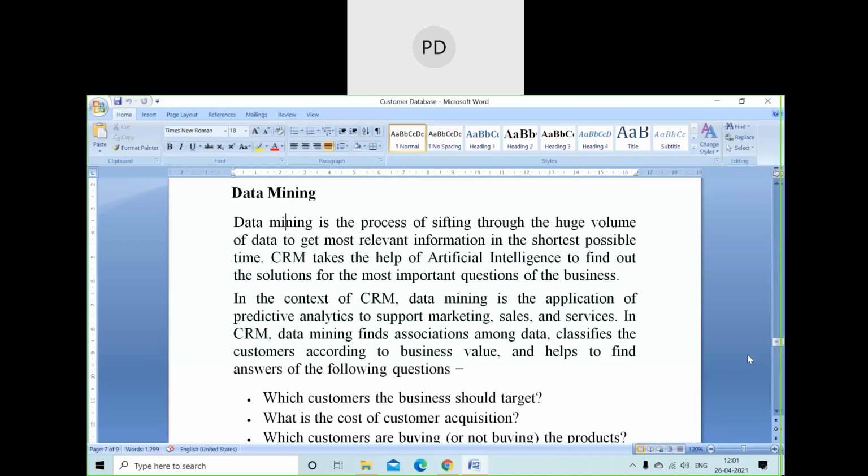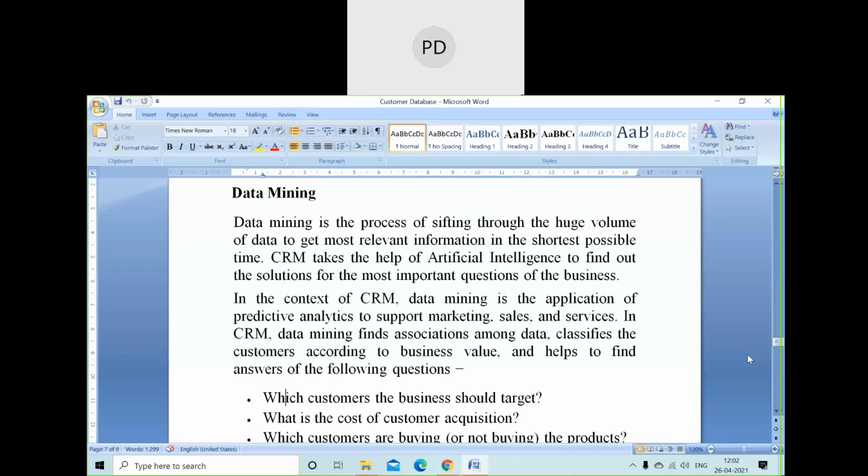Now, how does this data mining happen? It will not happen by itself. How will the relevant information come? For that, in CRM there is an option for artificial intelligence. This artificial intelligence helps the CRM to find the most relevant data which the user is asking. So in terms of data mining, we can use such questions for understanding the business value.